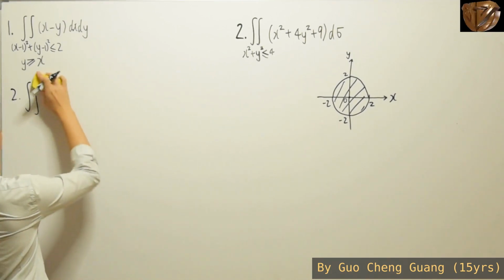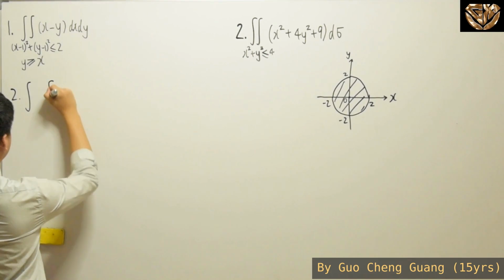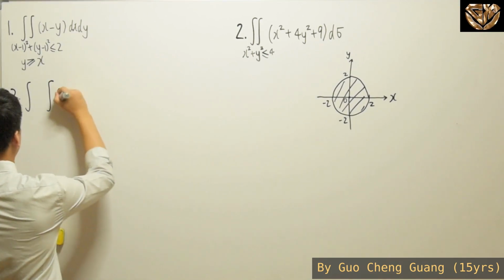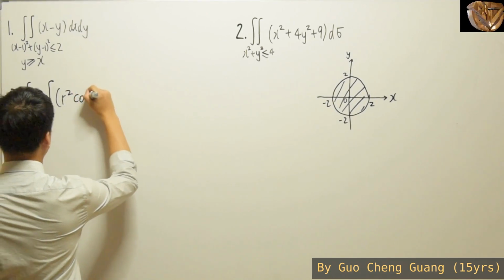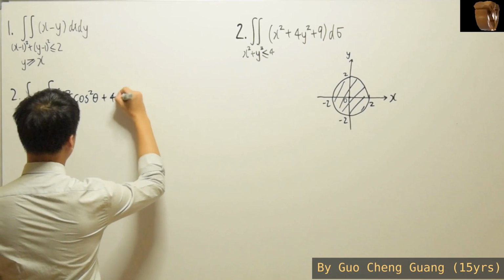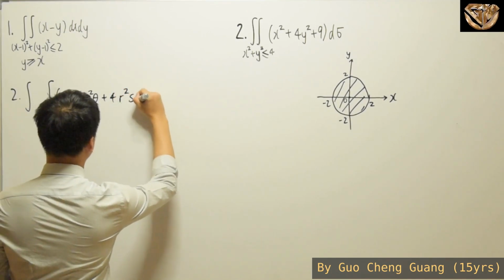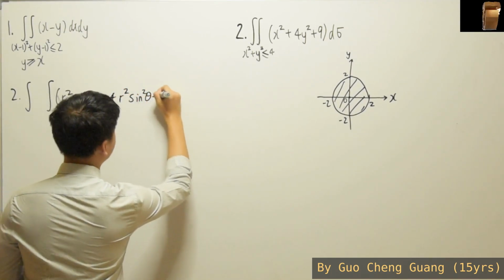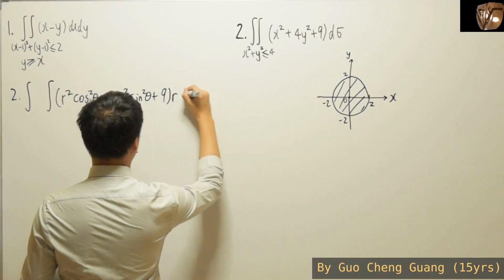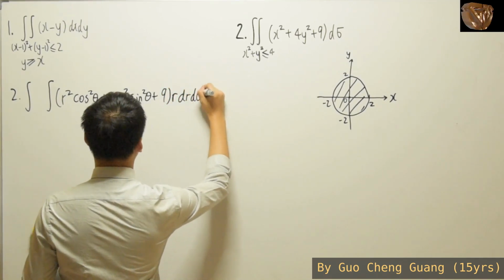So when you change it into polar coordinates, I'm just going to separate these a little bit. Changing into polar coordinates, x squared is going to be r squared cosine squared theta. Y squared is going to be r squared sine squared theta. Well, 9 is just 9. Then d sigma will have r dr d theta.